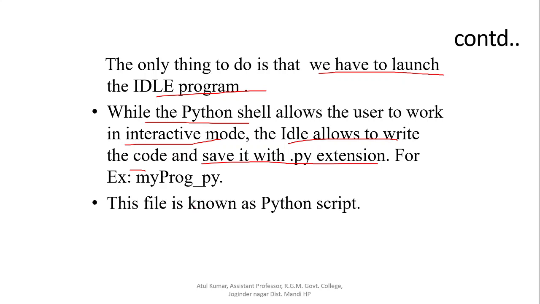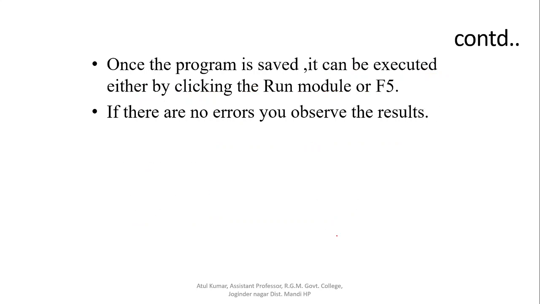The difference between doc and docx is that documents saved in MS Office 2007 or above are saved as docx. Like this, Python programs have the extension .py, and you can easily recognize from the .py extension that this is a Python file. This file is called a Python script. My program.py file is a Python script.